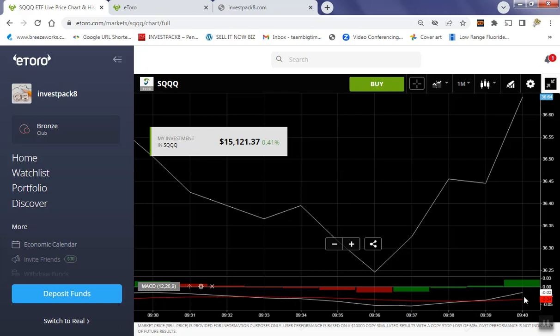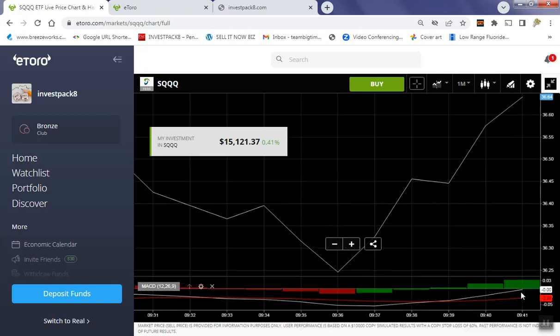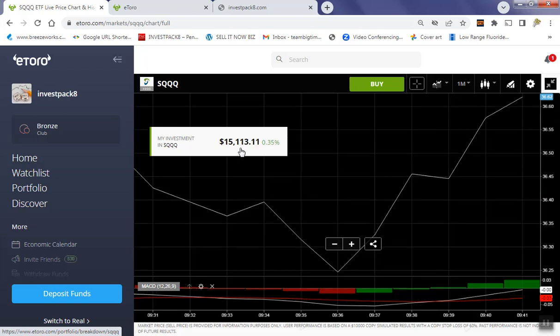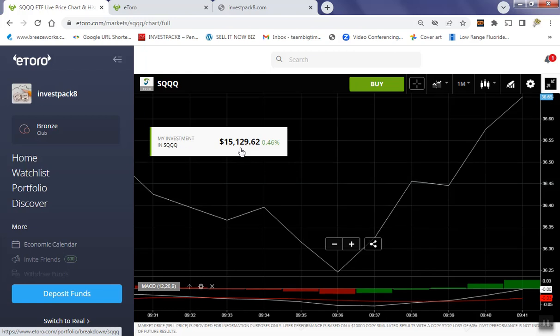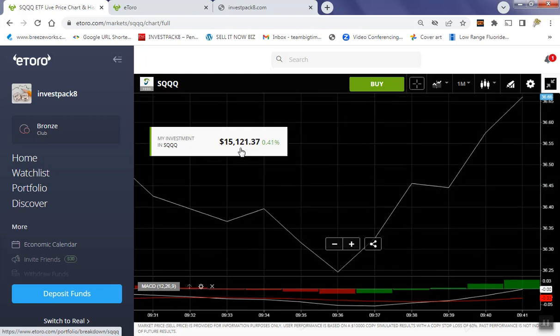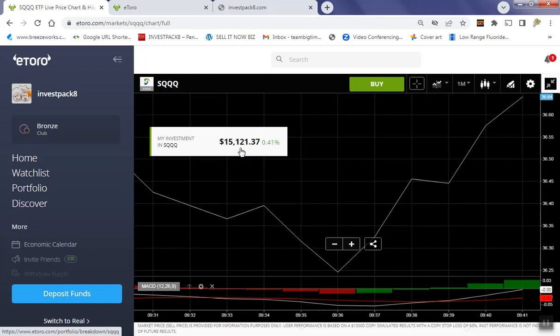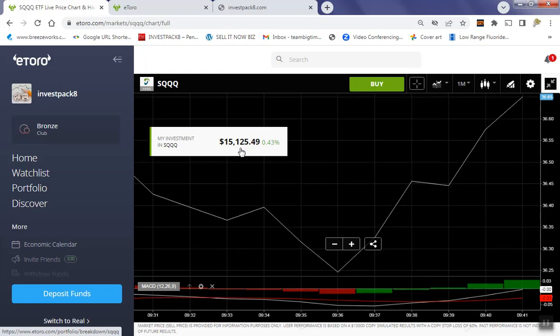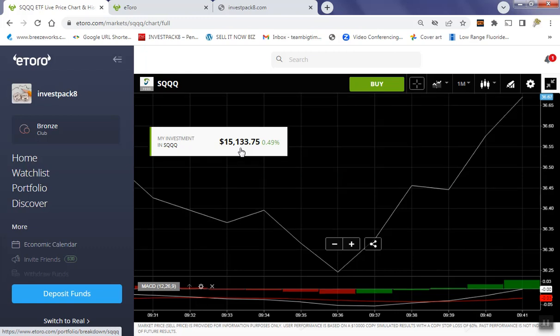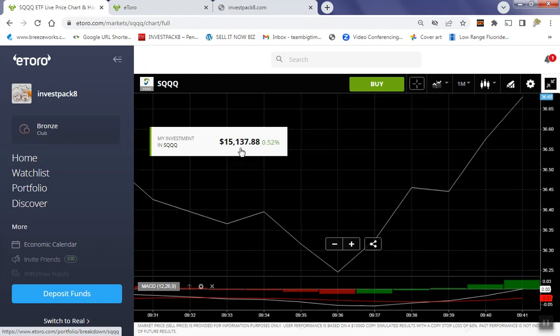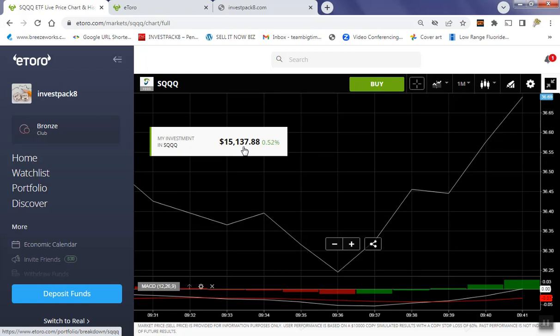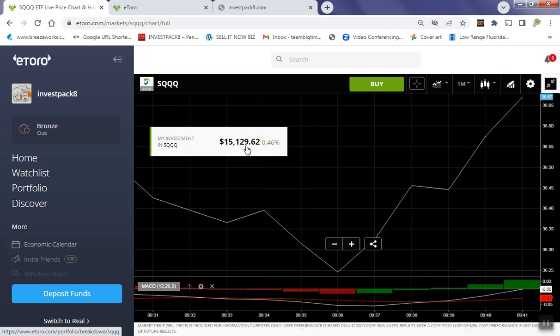So it's still telling us not to get off yet. Matter of fact, we're getting fatter profits. So you don't mind having a $142 check, do you, for the day?